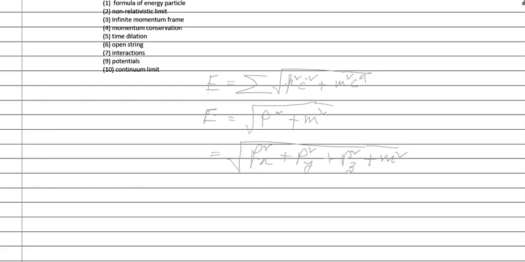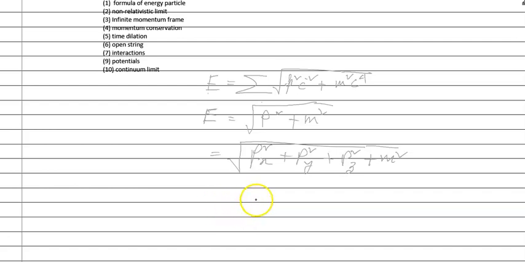So the appropriate thing to do in taking the limit is to expand for large p_z and small p_x, p_y and m. A way to do that is to write this in the form square root of 1 plus, let's just call it, p squared.